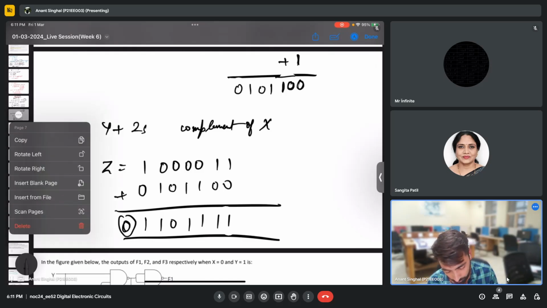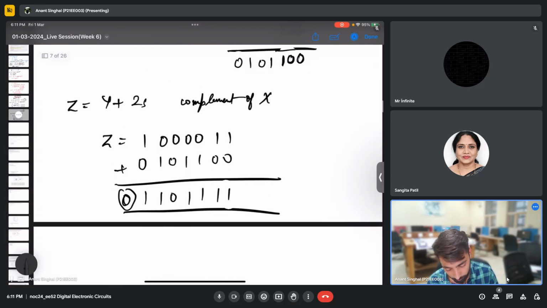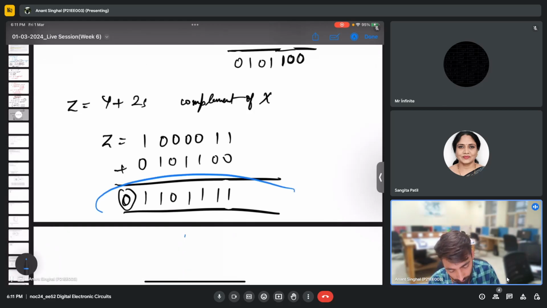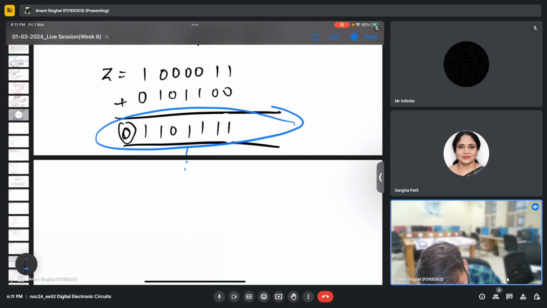So now in this case, if you don't get a carry, what you need to do is compute the 2's complement of the final answer again. So I'm doing it again to find out the 2's complement of this answer. So this was y plus 2's complement of x.